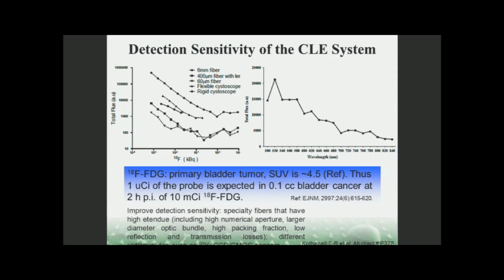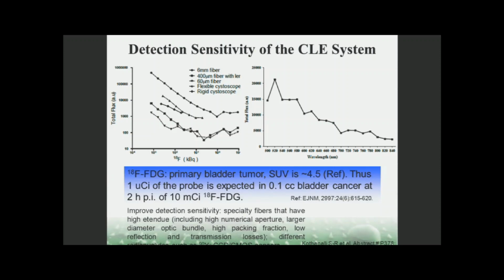So 1 microcurie is actually a clinically relevant activity. If our system can detect 1 microcurie, potentially it can be used for detecting lesions such as bladder cancer. But we still think we need to push our detection sensitivity up to 0.1 microcurie or even lower.